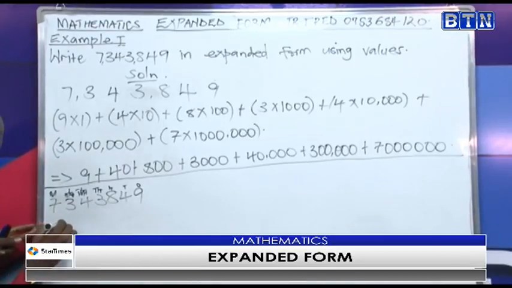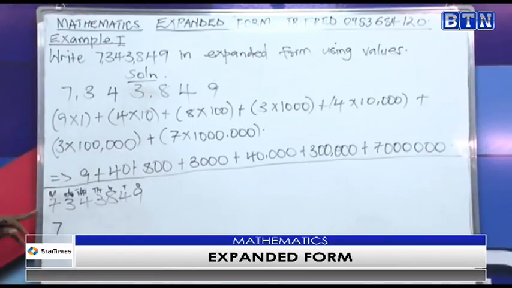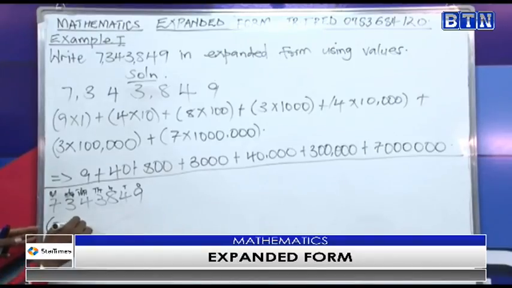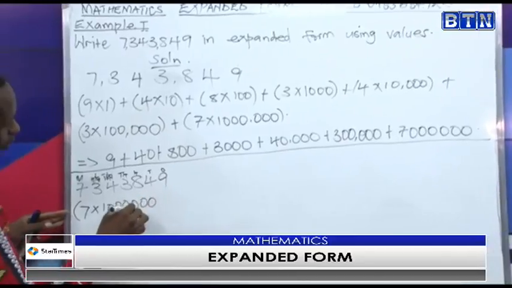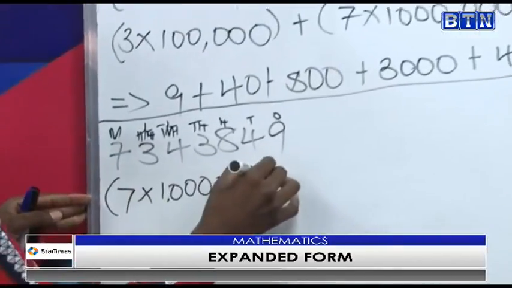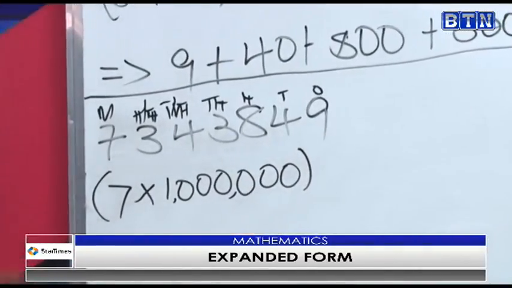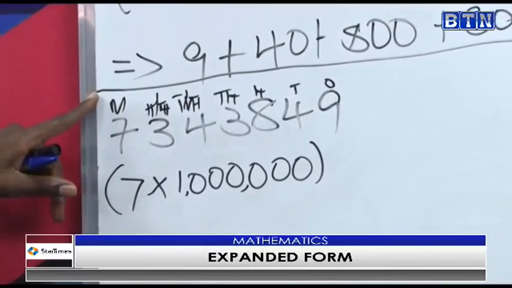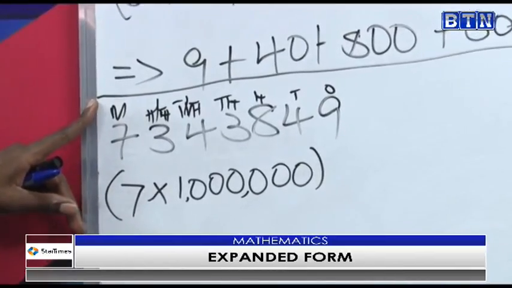So when we reach there, I'll come to the first one. I'll have 7, and I'll ask myself, which place value does 7 take? When you look at this number, we have said 7 takes the position of millions. So I'll have 7 times 1 million. I'm multiplying by 1 million because 7 is under the place value of millions.